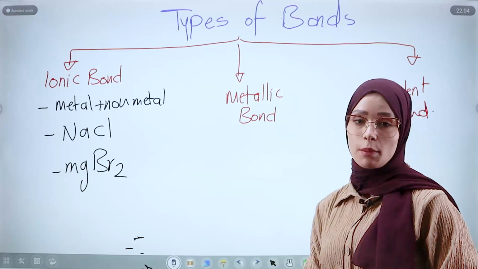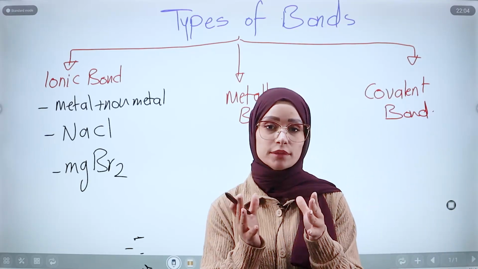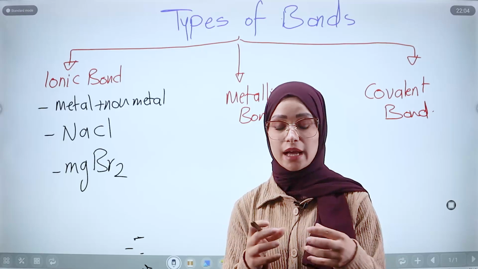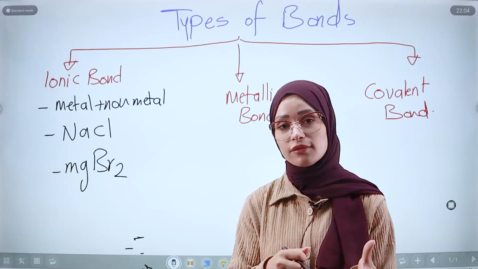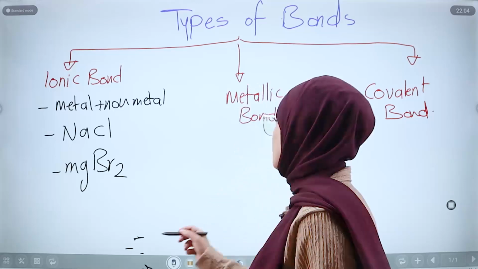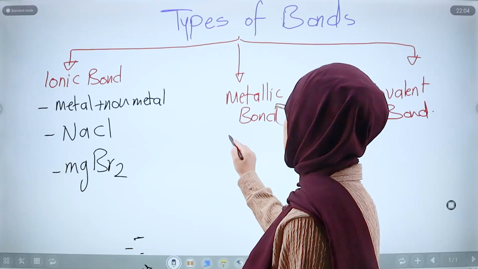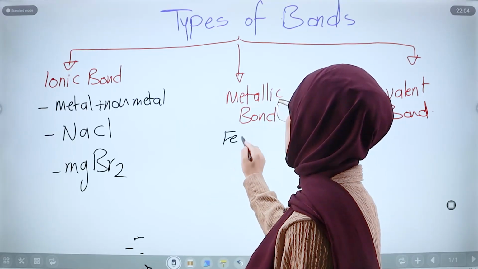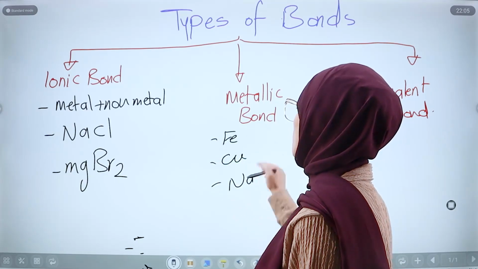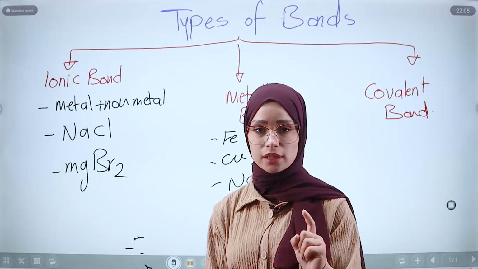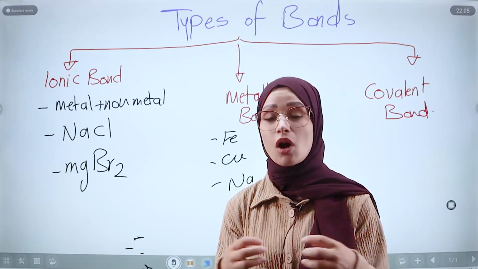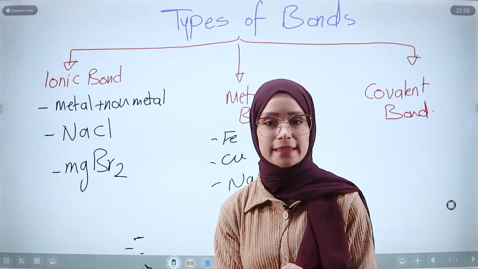Number 2, the metallic bond. The metallic bond is a bond within one metal. It is a bond that attracts the positive and negative ions inside the one metal. For example, if you have iron, copper, sodium, all these metals, all the particles inside this metal are attracted to each other by metallic bond.